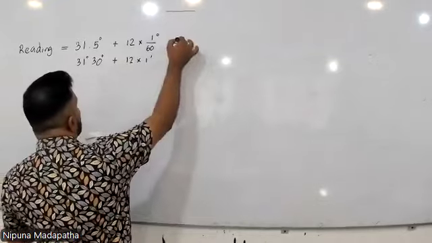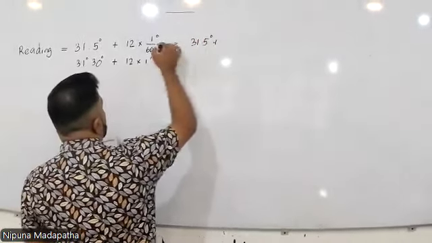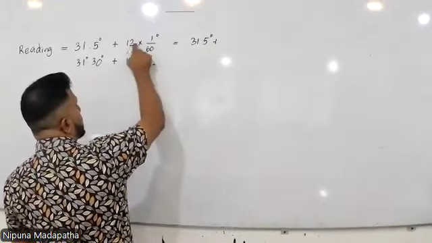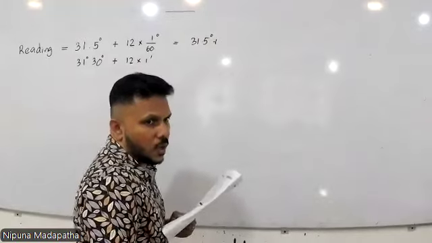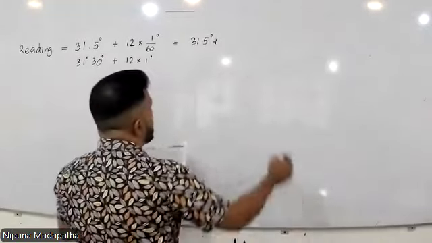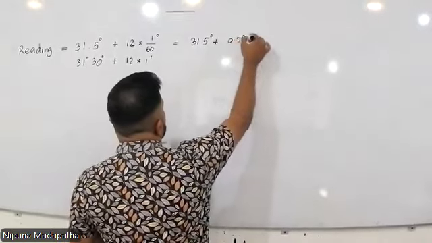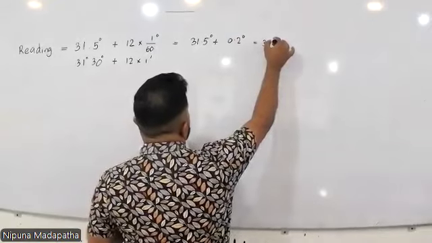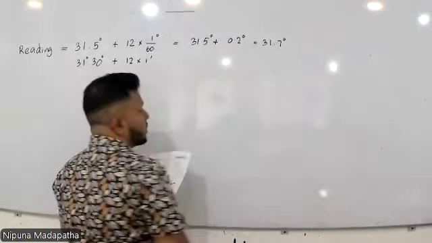So 31.5 plus 12 over 60, which simplifies to 1 over 5, 0.2 degrees. So the answer is 31.7 degrees.